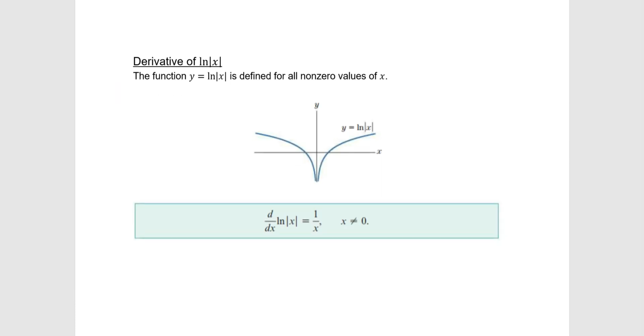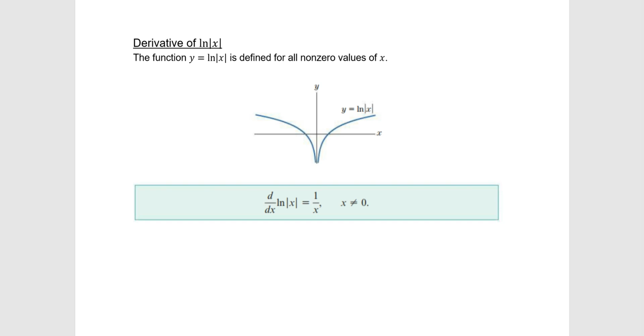Okay, and then for the last thing, not going to go too much into this, but this is just the derivative of the ln of the absolute value of x. So we know that the ln of x graph looks like this right here, the right portion of it. But if we take the absolute value of x, that means we can actually use negative values, because if we take the absolute value of a negative, it becomes positive.